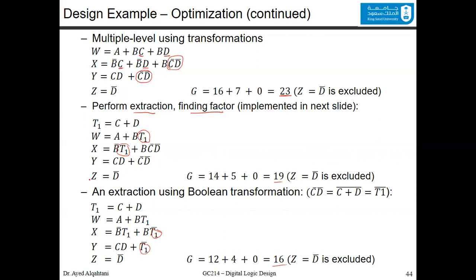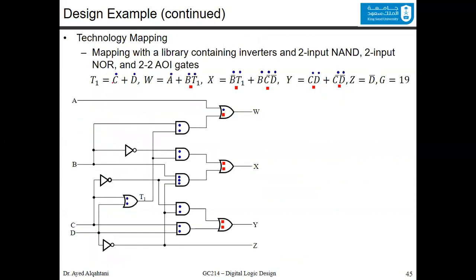The next slide, we took this one. We're trying to design this one. So this is T1, C or D, and you can see it here, C or D. W is A or B added with T1. So it's A with B added with T1, and that would be the W. The X will be B bar T1.